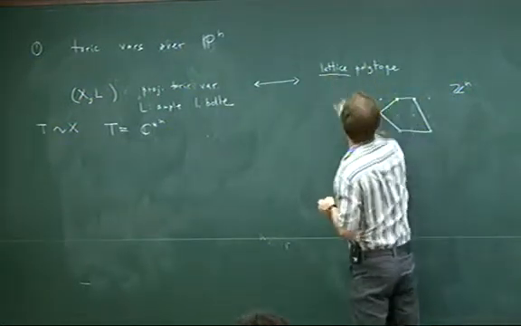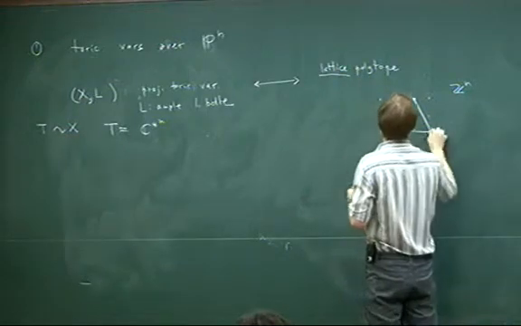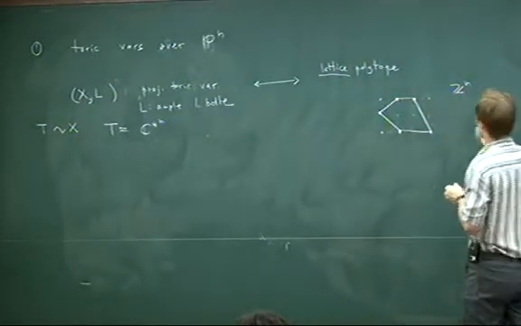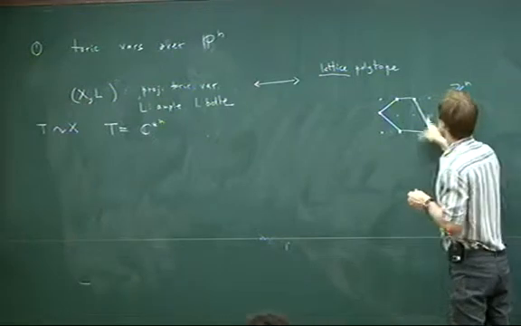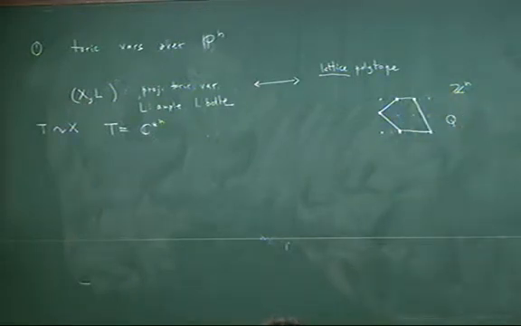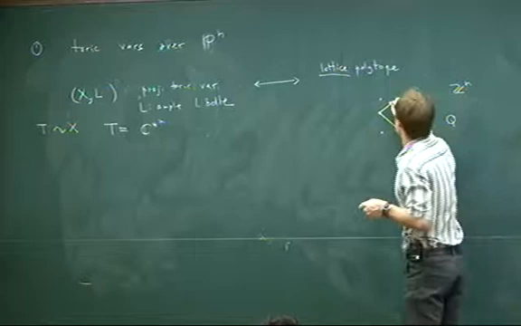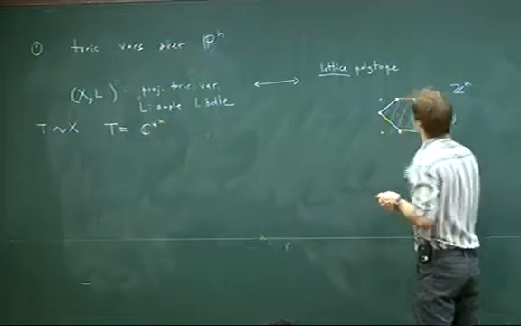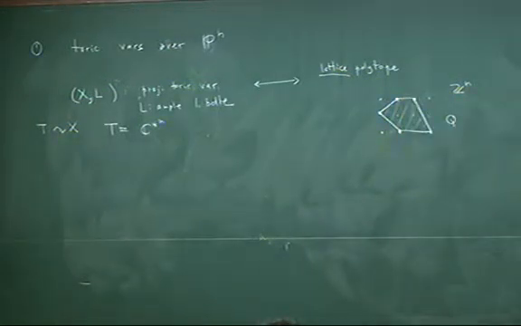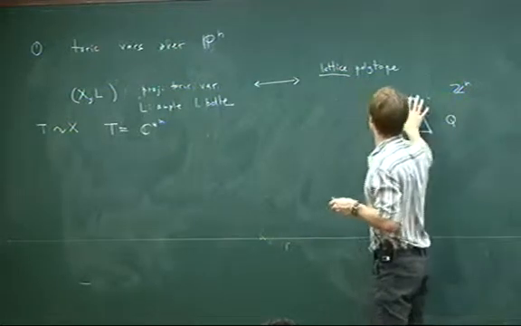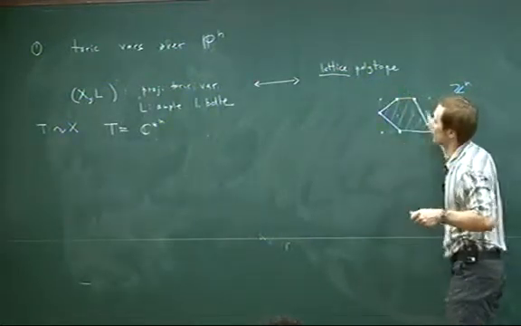And lattice polytope means that the points of it are integer vectors. So that's a lattice polytope. And this polytope is defined up to a translation.